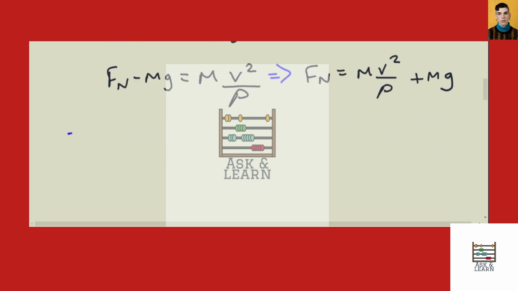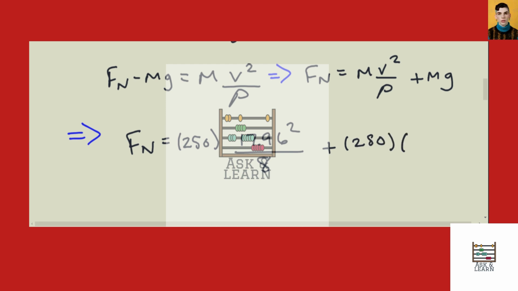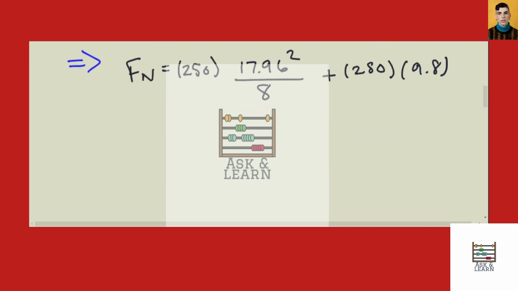We have Fn is equal to m, which is 250, times the velocity squared, 17.96 squared, divided by the radius 8, plus 250 times 9.8. So we get for the normal force Fn is equal to 12,530 newtons.